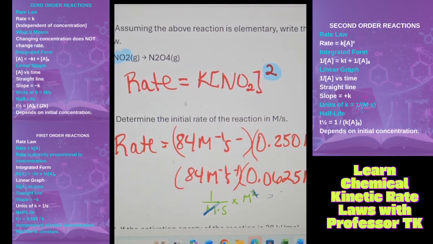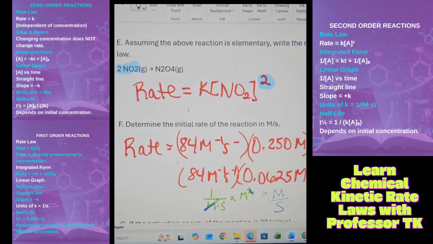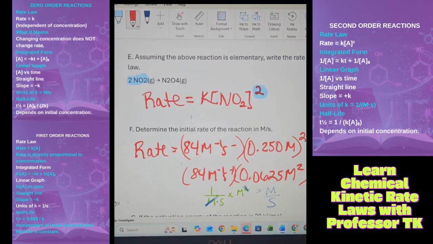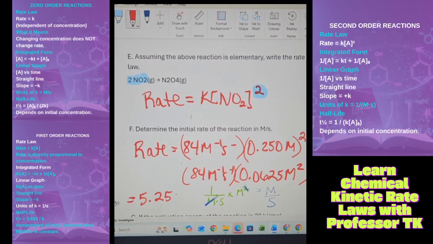That's why the unit here will be molarity per second. That S still stays on the bottom. When I multiply these two numbers, my final answer becomes 5.25 molarity per second.